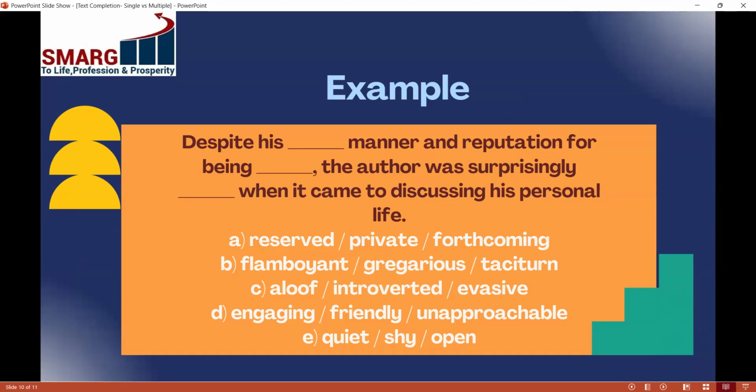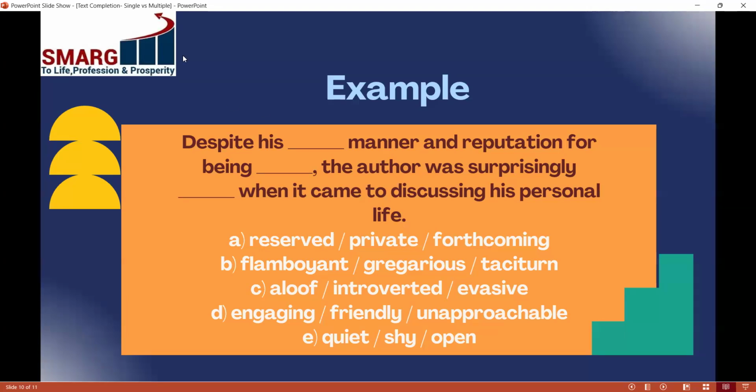Ma'am, because his manner is flamboyant, reputation is gregarious, which I just checked means sociable. And then taciturn, I checked that it means he became a little bitter when it came to discussing his personal life. So can it be another possible combination?